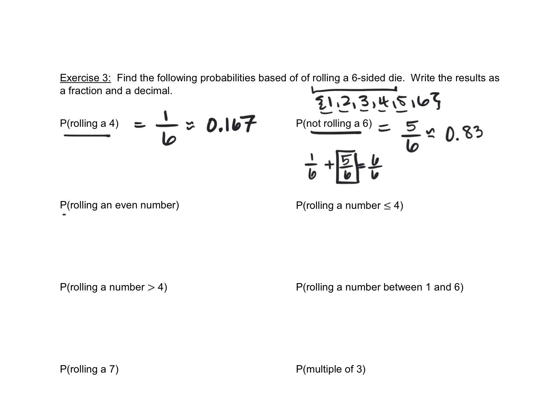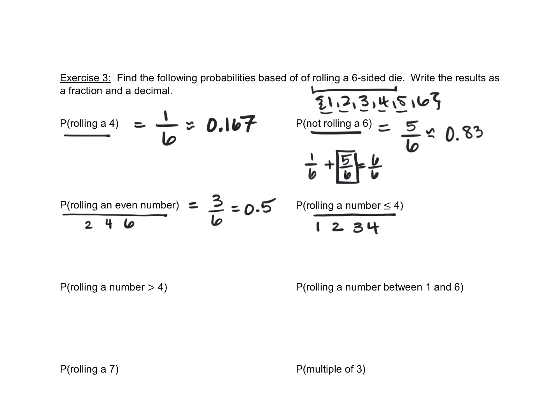For the next one, it says rolling an even number. So what we're talking about here is going to be the numbers 2, 4, or 6. So there are 3 possibilities out of 6, which is equal to 0.5. Next we have rolling a number less than or equal to 4. So the numbers that are less than or equal to 4 would be rolling a 1, 2, 3, or 4.